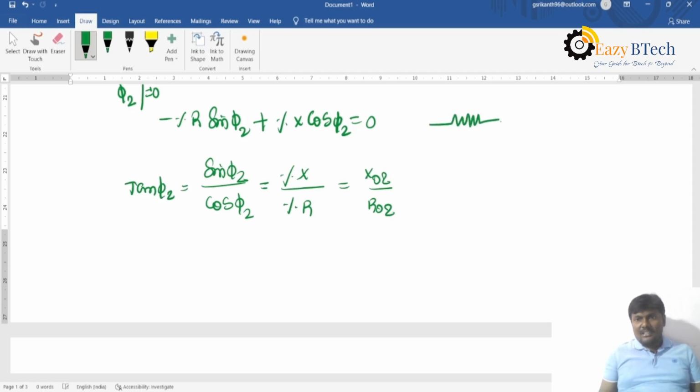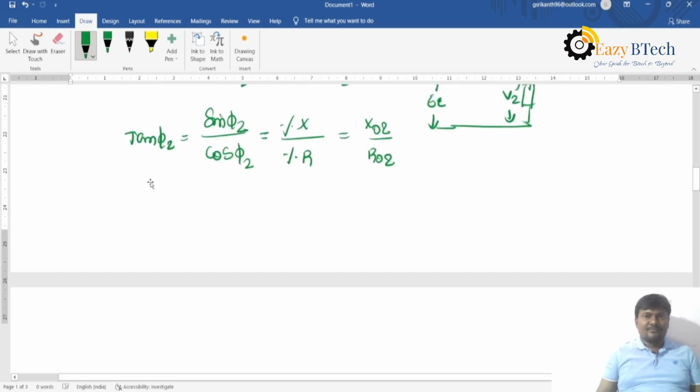So if you draw the equivalent circuit with respect to secondary, this is R02, X02, and this one is the induced EMF, and the terminal voltage is V2, and the current flowing through this one is I2.